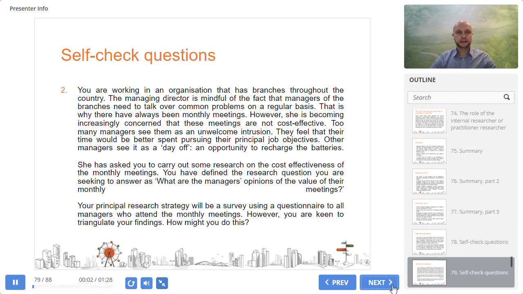The second self-check question is on the screen. Imagine you are working in an organization that has branches throughout the country. The managing director is mindful of the fact that managers of the branches need to talk over common problems on a regular basis. That is why there have always been monthly meetings.